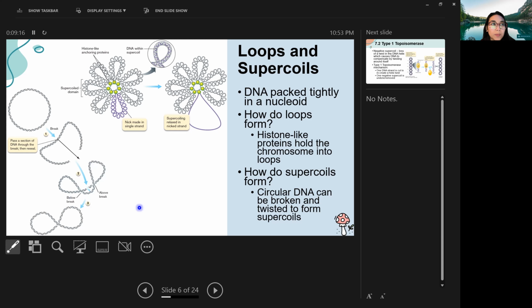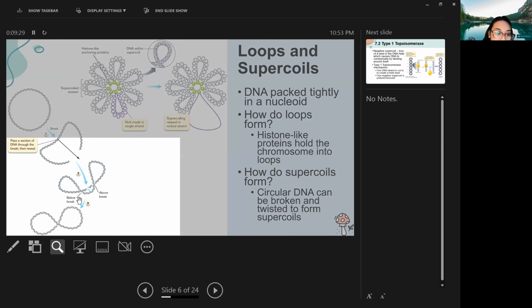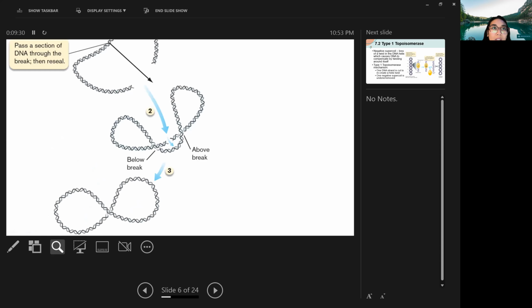So in this lecture, I'm going to be talking about supercoils, which is like an entire loop of the DNA, versus a helix coil or a helix twist, where it's just that twist in the helix. So let me zoom in here. As you can see, you have two strands of DNA and they twist around each other in a helix. I'm going to call that a helix twist in this lecture, whereas one flip is going to be called a supercoil.